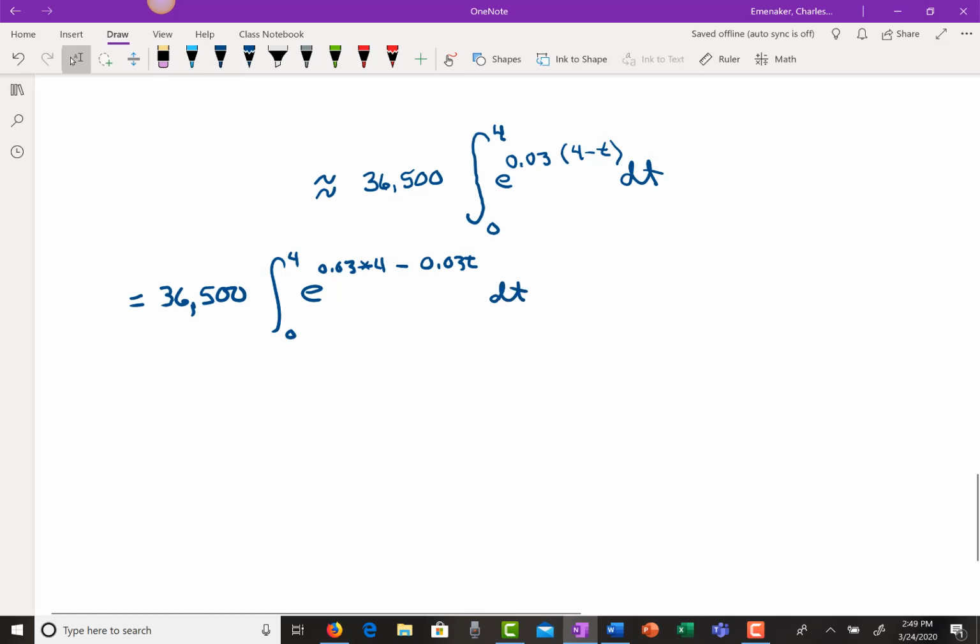All I did there was distribute the 0.03. If you have an exponent like this, it can be broken up into separate parts: e to the 0.12, which is really this, times e to the negative 0.03t.